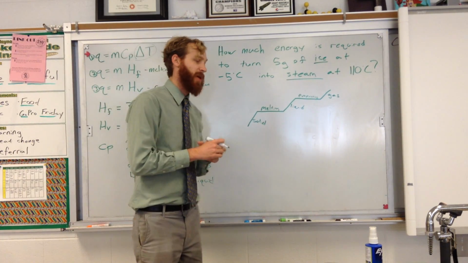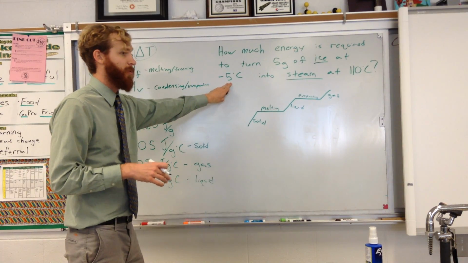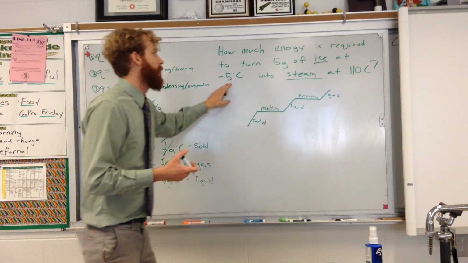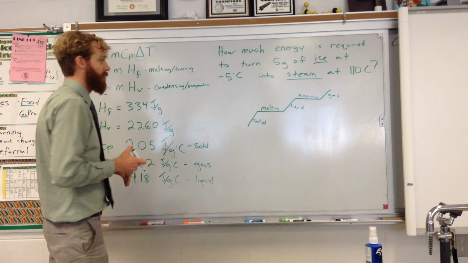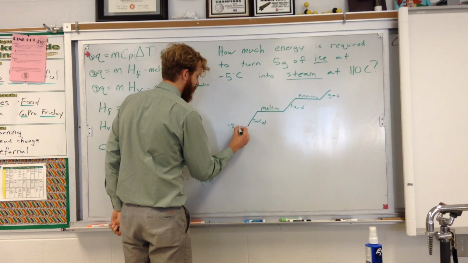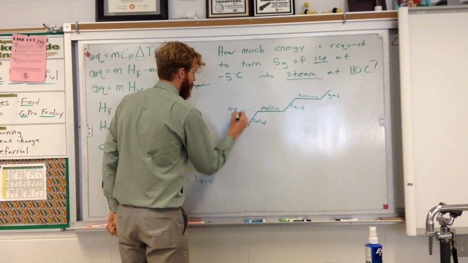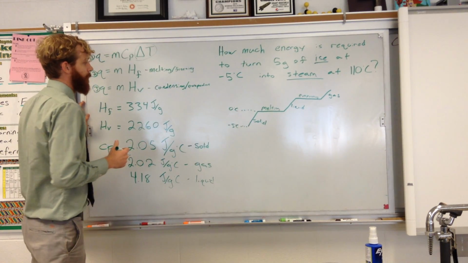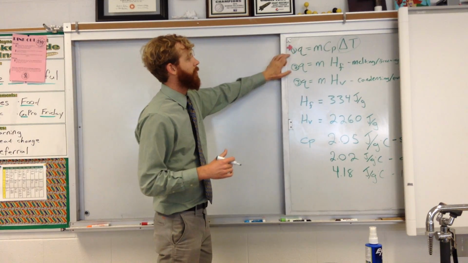So the first thing we have to do is go from negative 5 degrees. We have to get this ice to melt. Well, ice will melt at 0 degrees. So that's our first kind of big piece of information. We start at negative 5 degrees Celsius, melt at 0 degrees Celsius. So we're going to use the first equation for the first part.